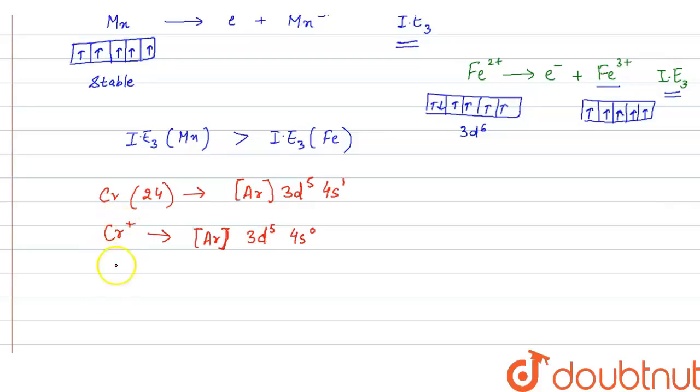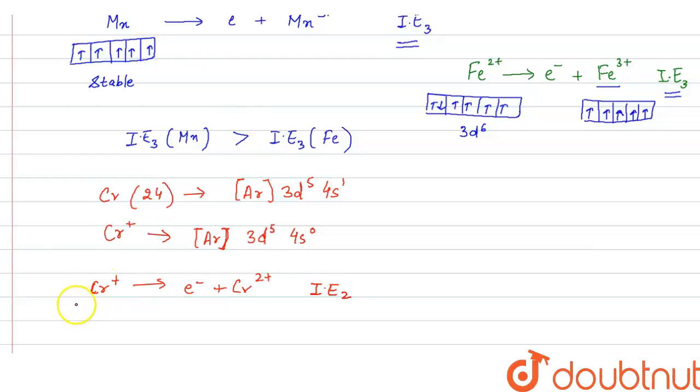Here the second electron will be lost from Cr+. When it removes one electron, it forms Cr2+, so the energy required for this process will be ionization energy 2.